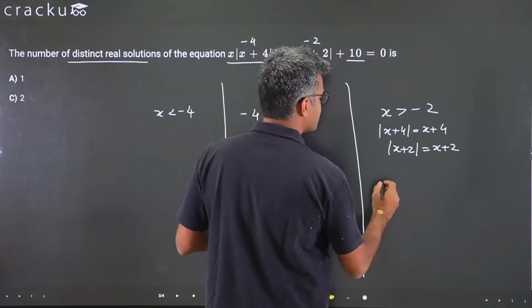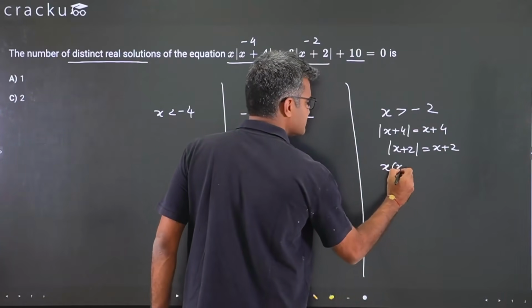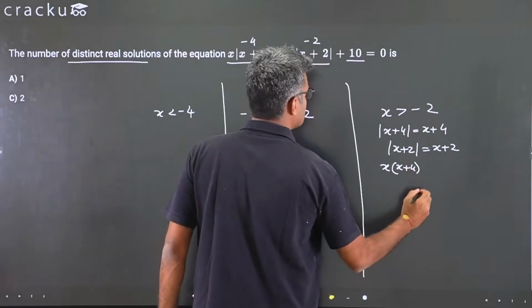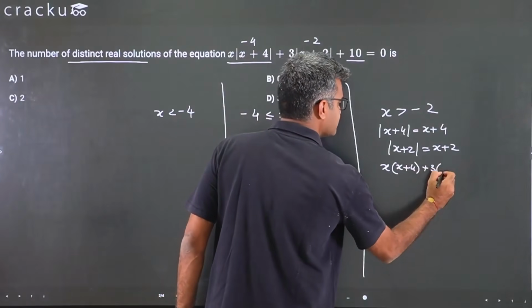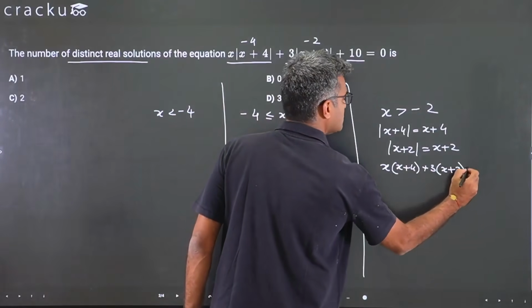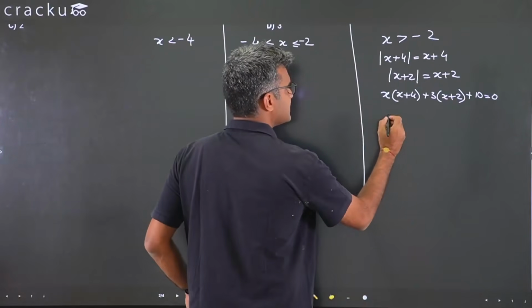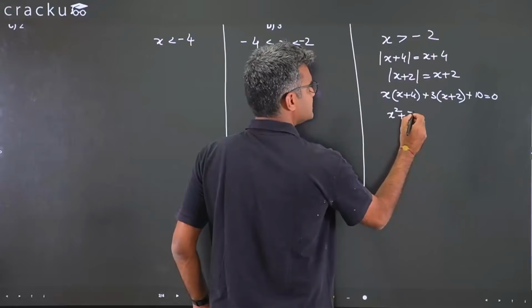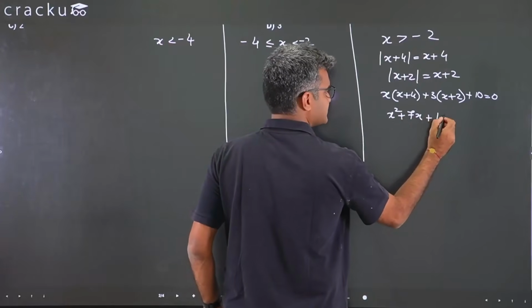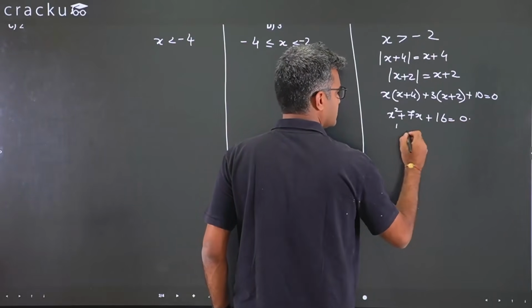Therefore, the given equation becomes x into x plus 4 plus 3 times x plus 2 plus 10 is equal to 0. This is x square plus 7x plus 16 is equal to 0.